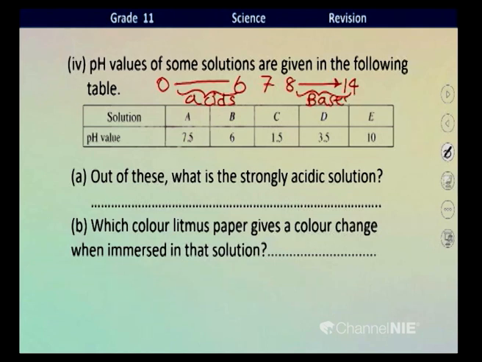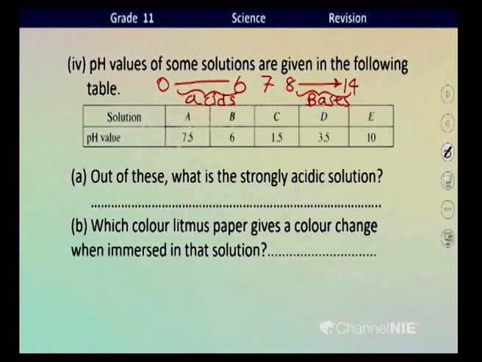You know that when you go towards 0 from 6, strong acids are found. Therefore, when the pH number is decreased, the strength of the acid increases.